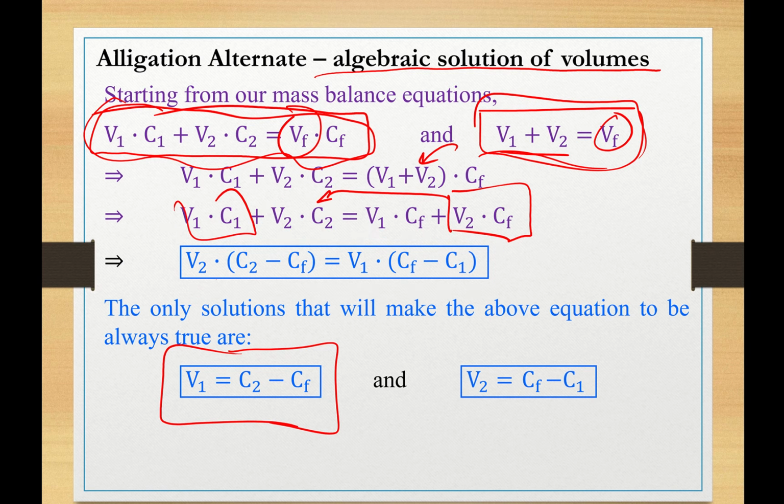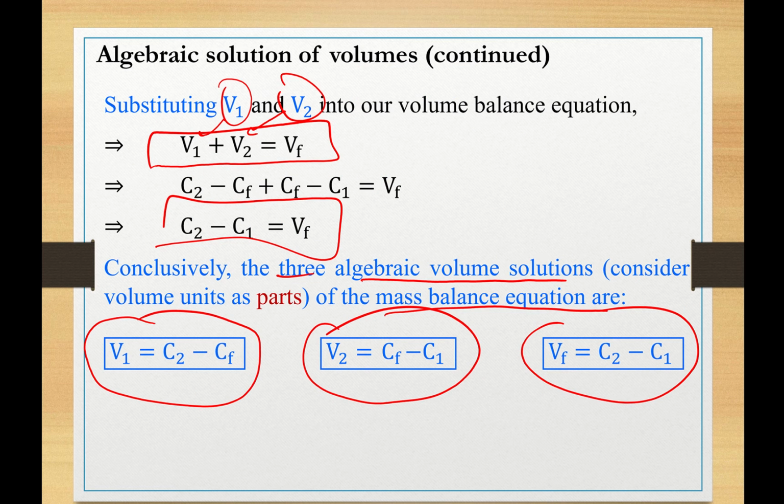But because V1 is expressed in terms of V2, it is preferable to describe the units of the volume as parts of the total, okay? Simple as that. So if you use this method, V1 is going to be C2 minus CF, V2 is going to be CF minus C1, and VF is going to be C2 minus C1.